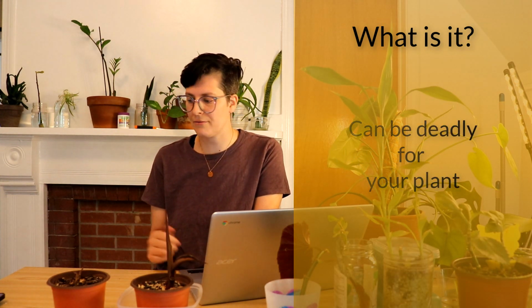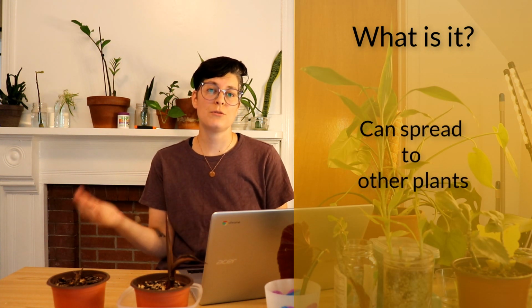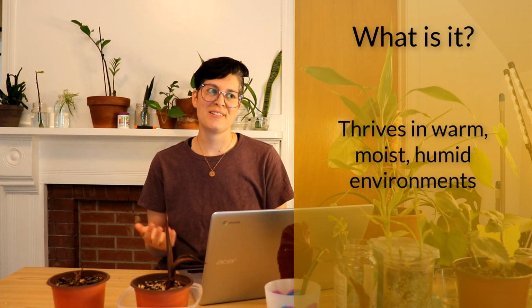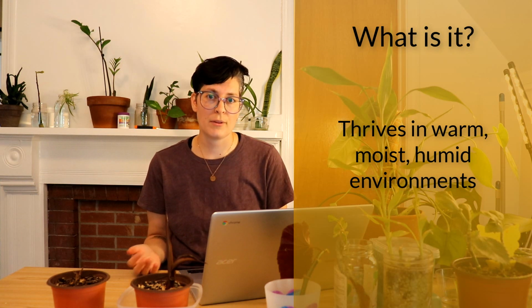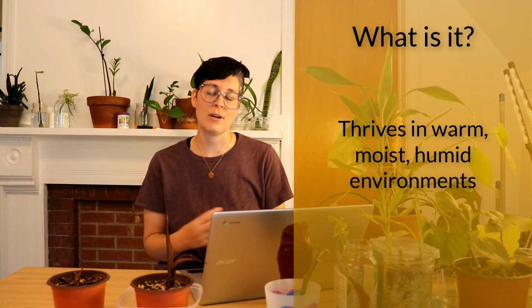It can quickly spread through the plant itself, but it can also transfer to other plants. The bacteria thrives in warm, humid, moist environments, which is something that we often try to provide for our plants, especially tropical plants. And unfortunately, that is just a breeding ground for bacteria.